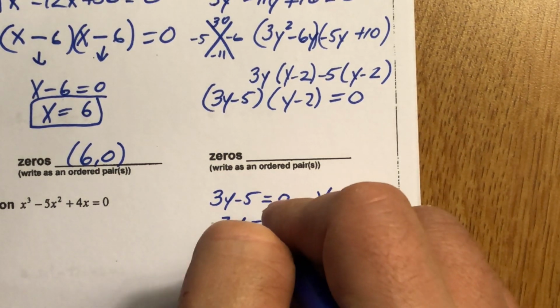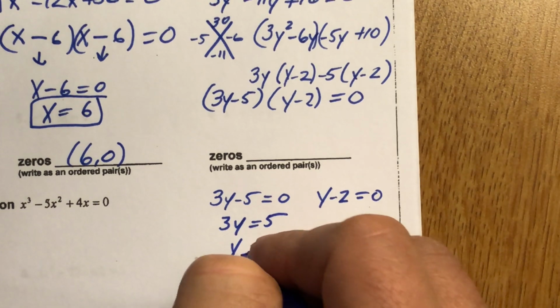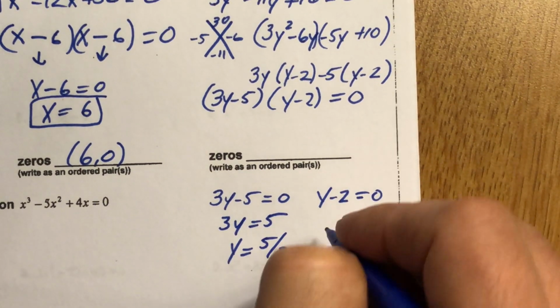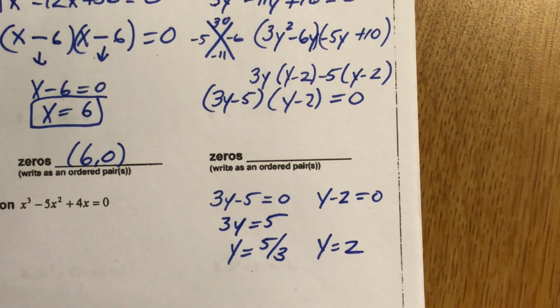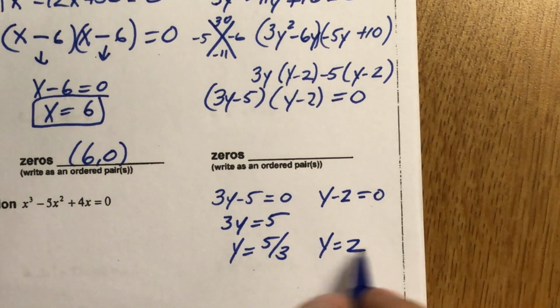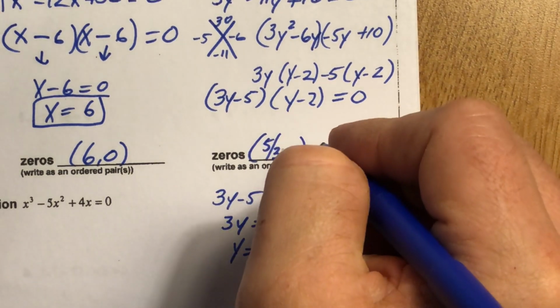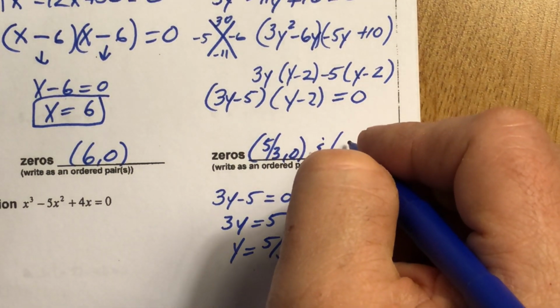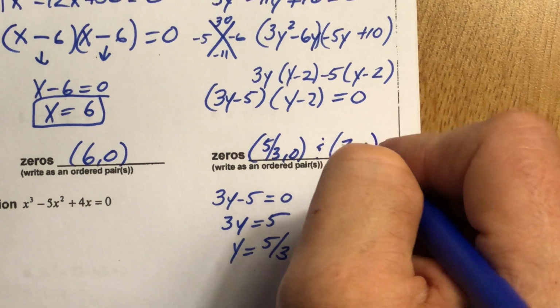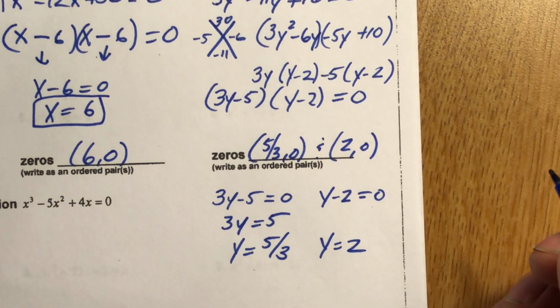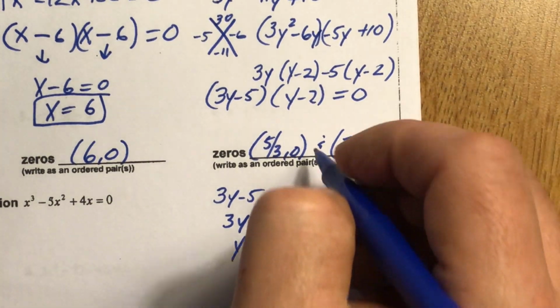So 3y is equal to 5, so y equals 5/3, and y equals 2 for that one. So this one has two answers: 5/3 comma 0 and 2 comma 0. Okay, and there you go.